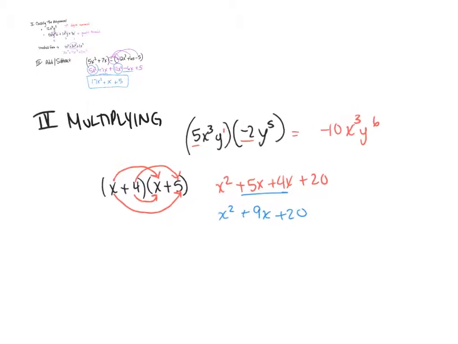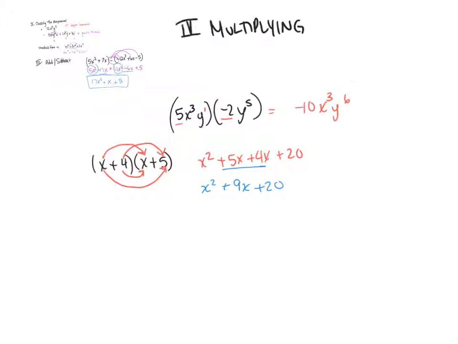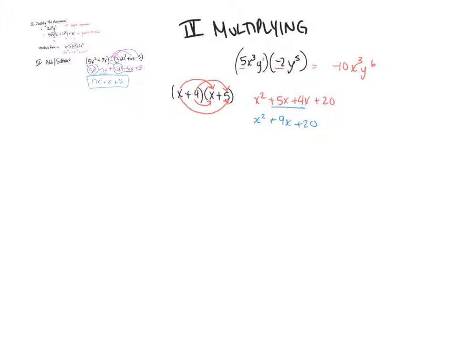If we are multiplying multiple terms, not just binomials, you remember that what you do is you multiply each of the first terms to the guys on the other trinomial.